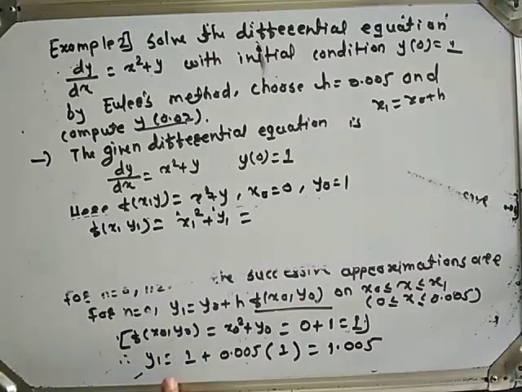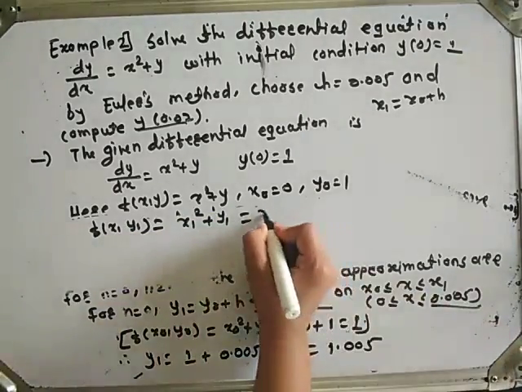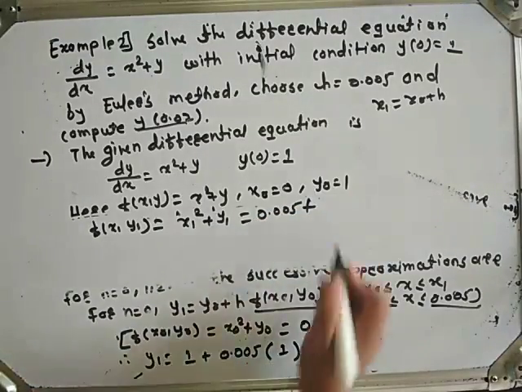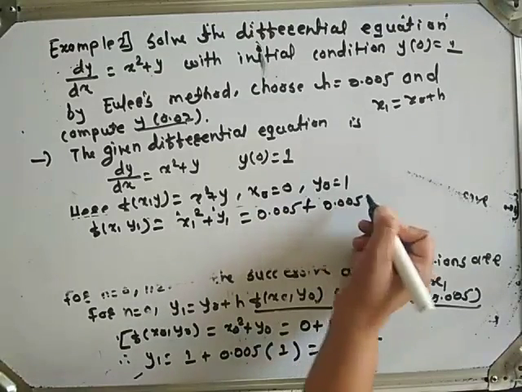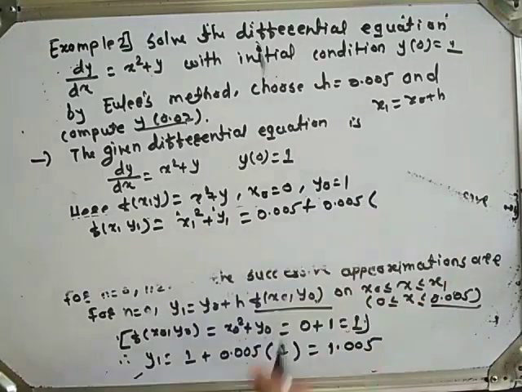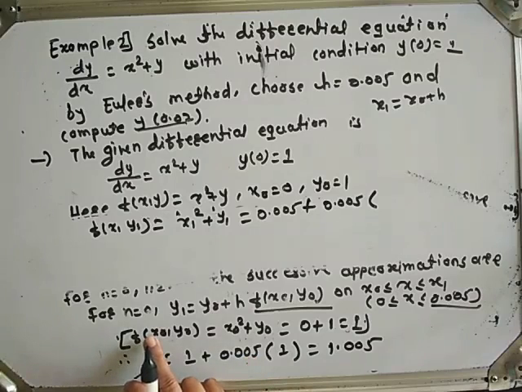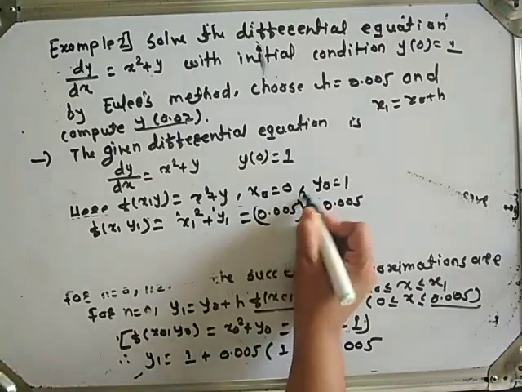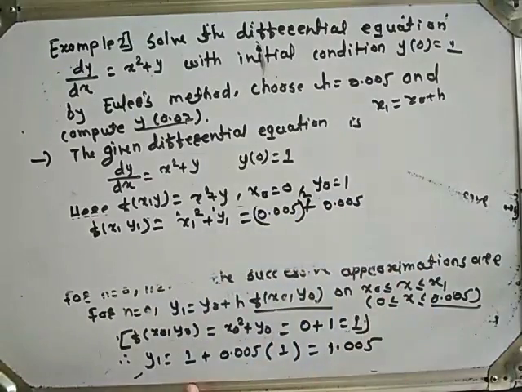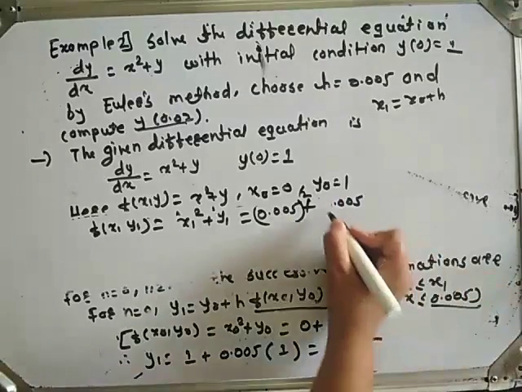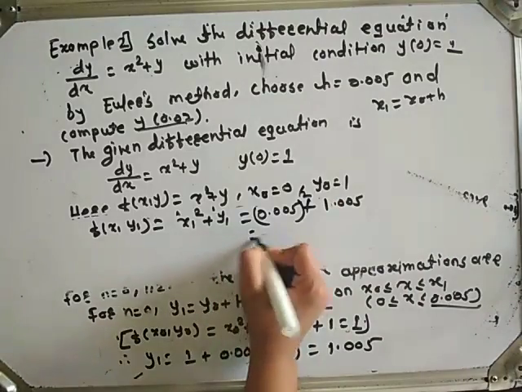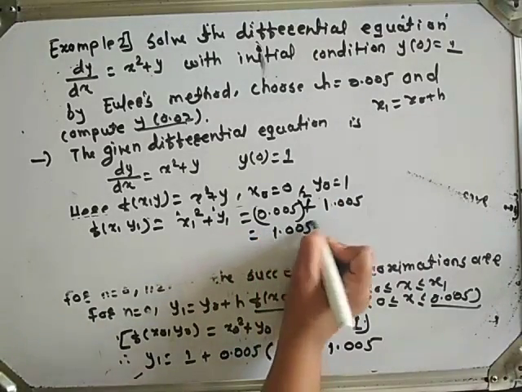Here x1 is 0.005, so 0.005 square plus y1, which is 1.005. So this is nothing but 1.005.